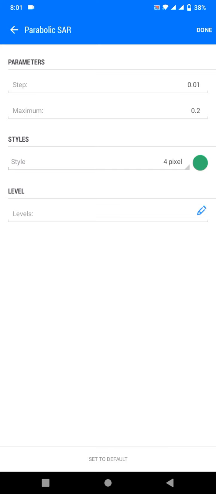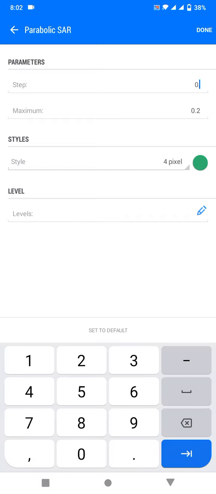The setting is already set here, so please check. Okay guys, 0.1 step, maximum 0.2.